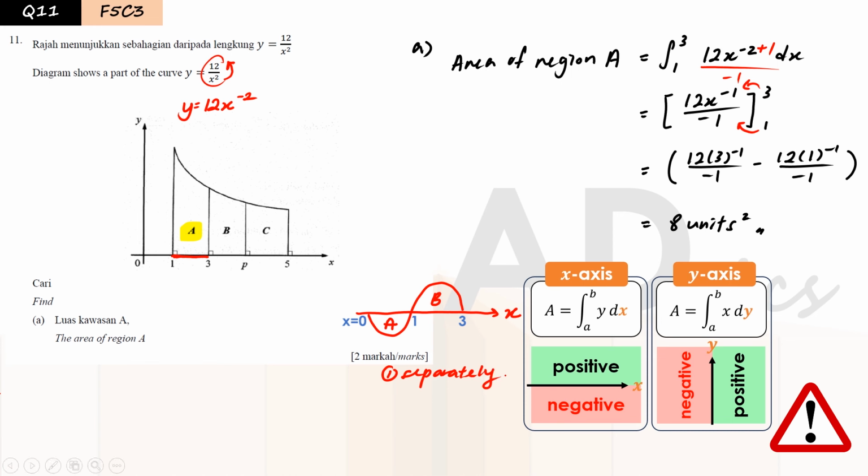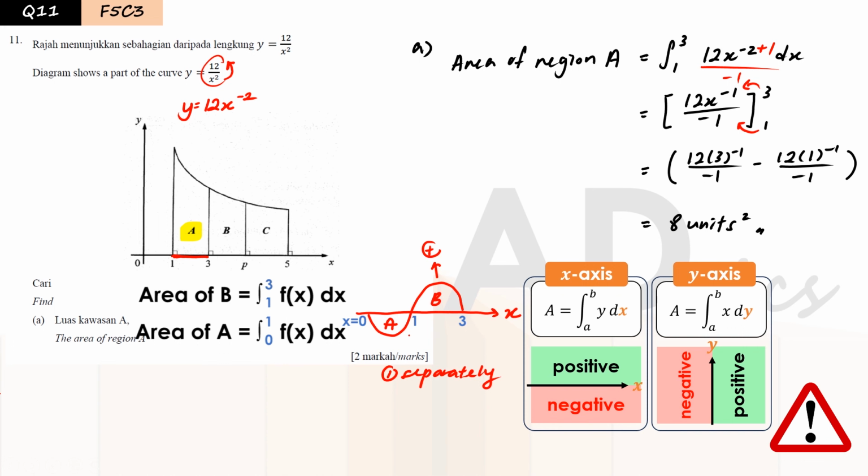For those areas below the x-axis, we calculate them first, so we calculate area A first, then we calculate the area of region B. So this one would be a positive value and this one would be a negative value.